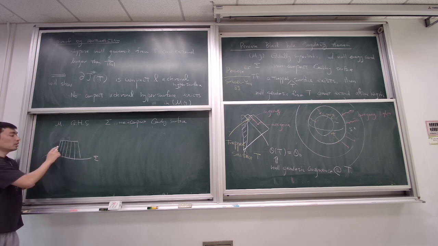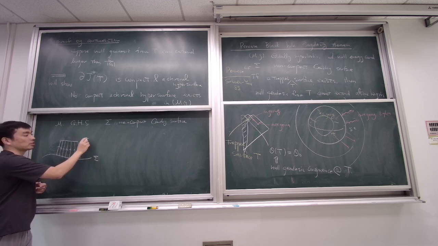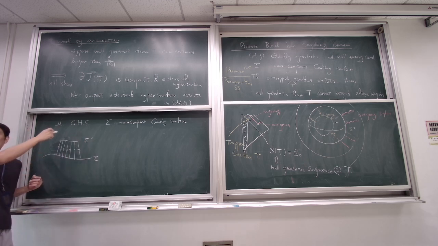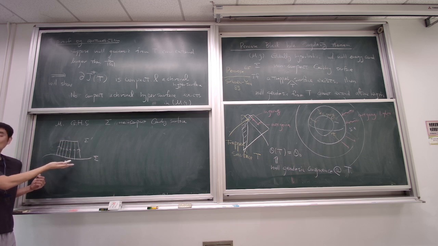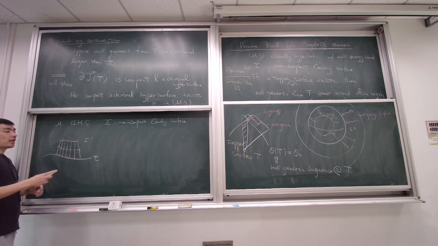Any achronal one can embed into Sigma by connecting the causal curve in a one-to-one correspondence. In this case, the Sigma prime, embedded in a non-compact hypersurface, has to be non-compact. You cannot embed a compact one.